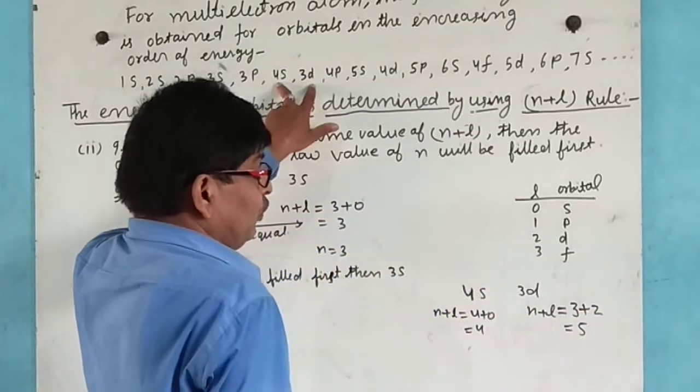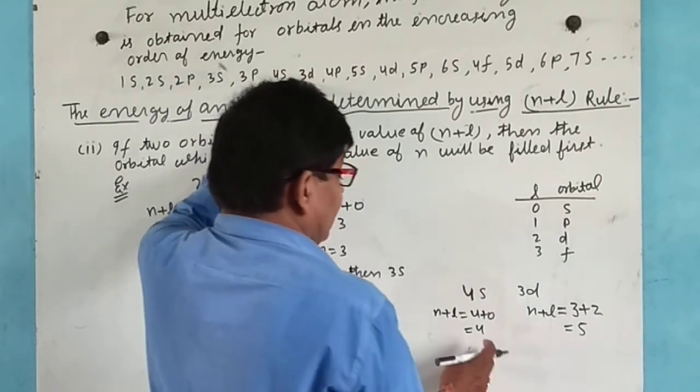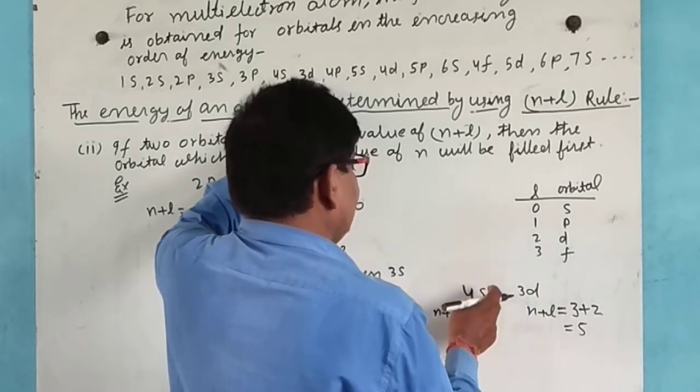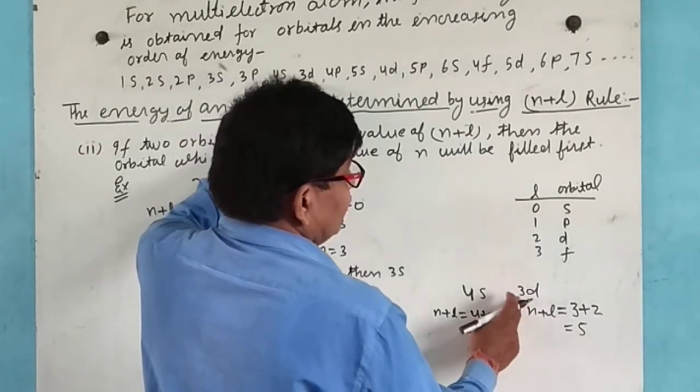According to the first rule, the lowest value of n plus l is 4, so the 4s orbital comes first and then after that the 3d orbitals.